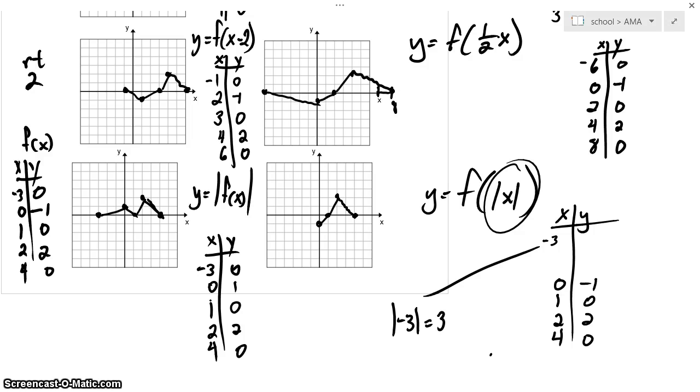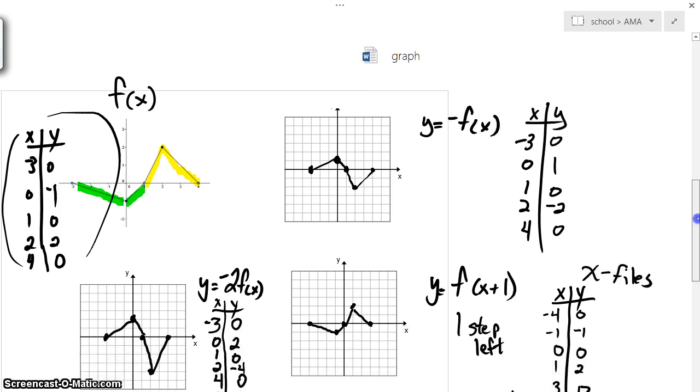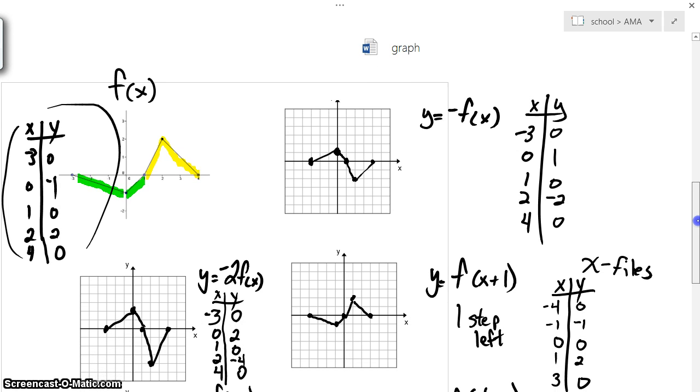Okay, continuing on where we left off from the transformation part 1 video, we hadn't finished the graph of f of the absolute value of x. And just reviewing, of course, up here in the top left corner, we had the original graph of f of x.